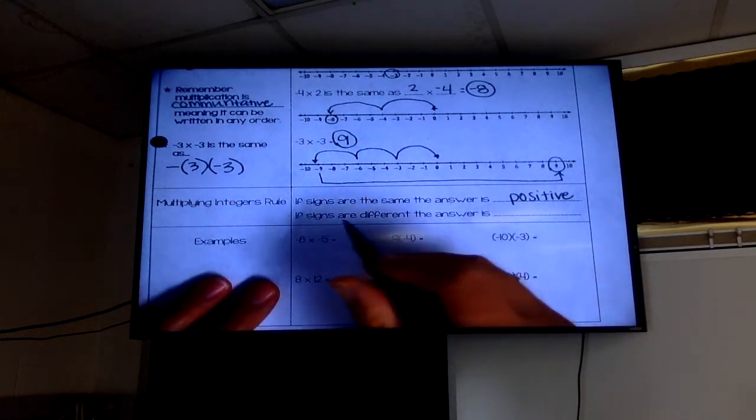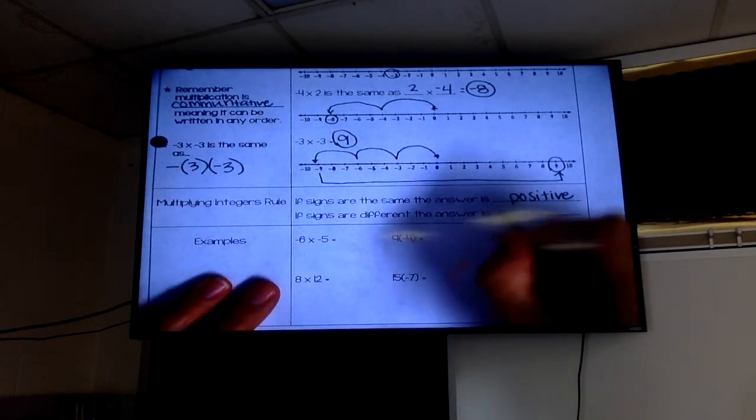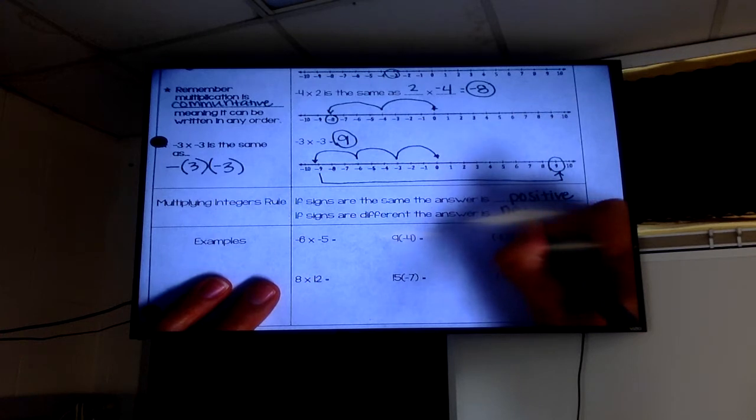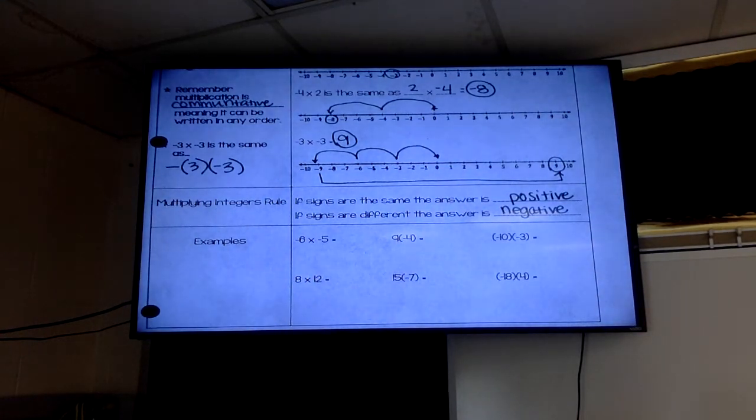And if I'm multiplying signs that are different, the answer is always going to be a negative. This is where it gets a little murky with the addition rules. Before I said a negative plus a negative was a negative, now a negative times a negative is a positive. This is where kids start to get really confused because the rules are similar, but there is that one little difference between multiplying and adding.